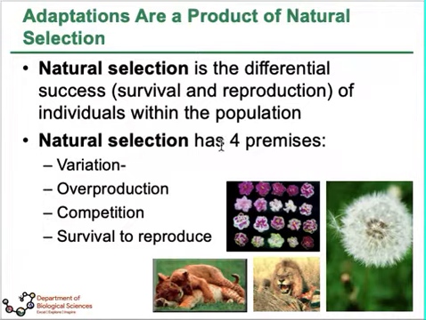So, natural selection has four premises, or what we so called conditions, that are some of the reasons why organisms still survive, or organisms had surpassed the previous environmental conditions and exist today.